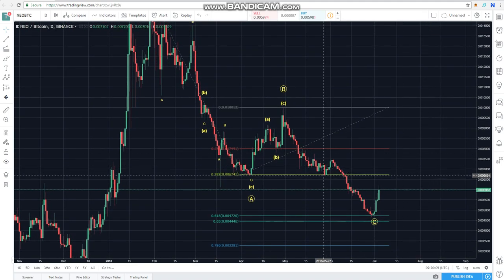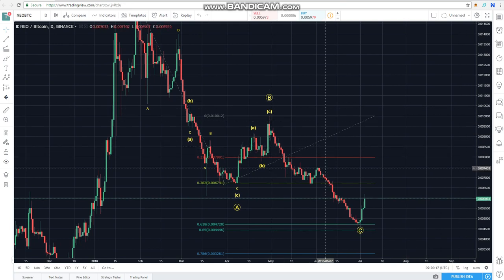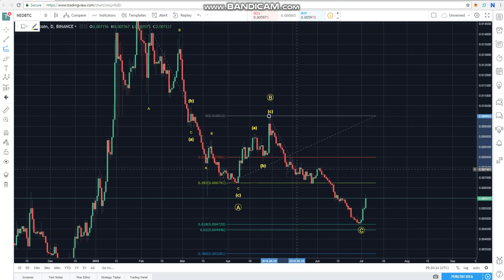And also we have a confluence zone over here on the 0.382 for this leg. And this leg would likely be one of the sub-waves of this wave C. And so we can double confirm this through confluence zones of different Fibonacci's.